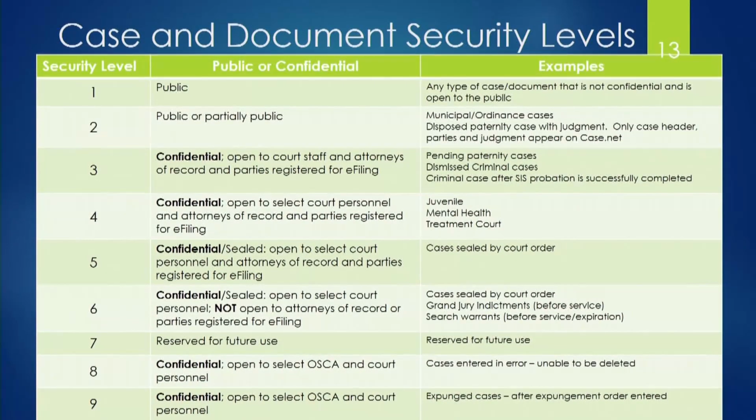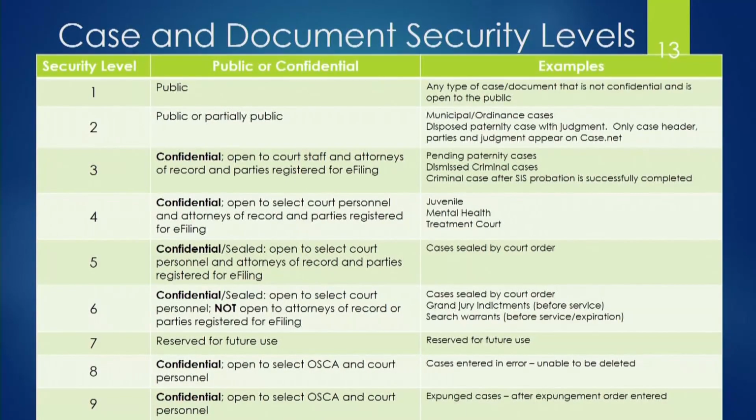Level 5 is considered a confidential level, and that is sealed with attorney of record access. That can only be seen by the attorneys of record on the case or selected court staff. Level 6 confidentiality is considered sealed, court access only. Level 7 is not used currently.